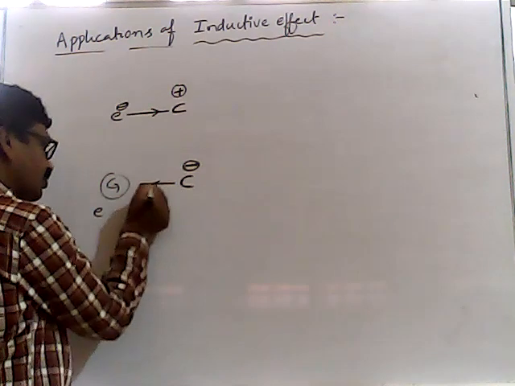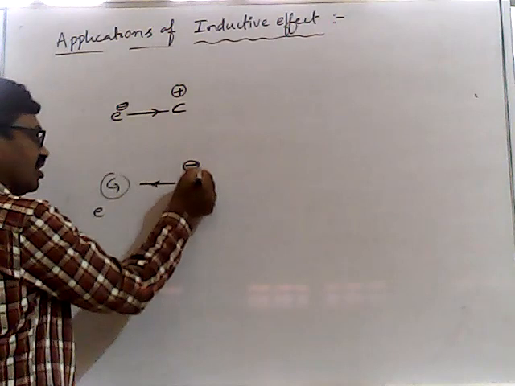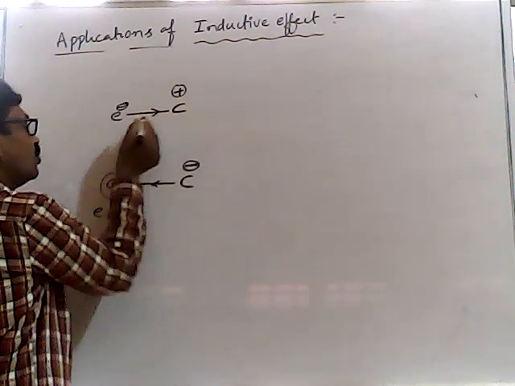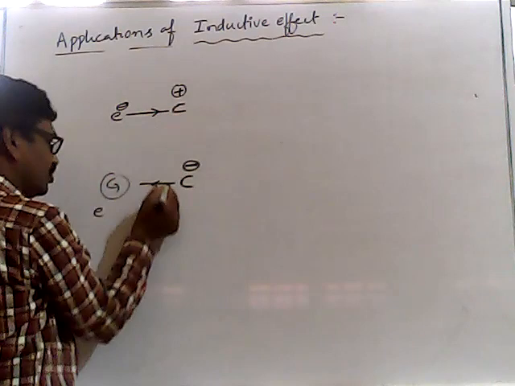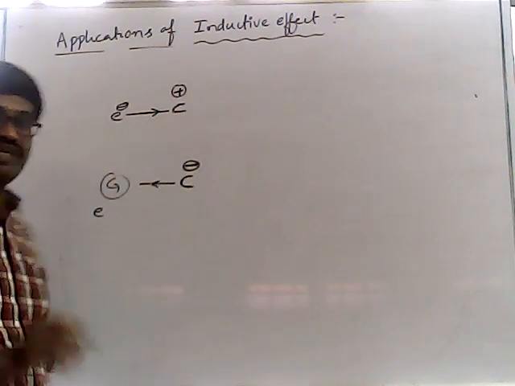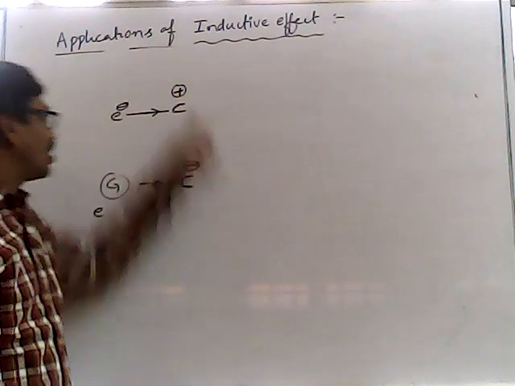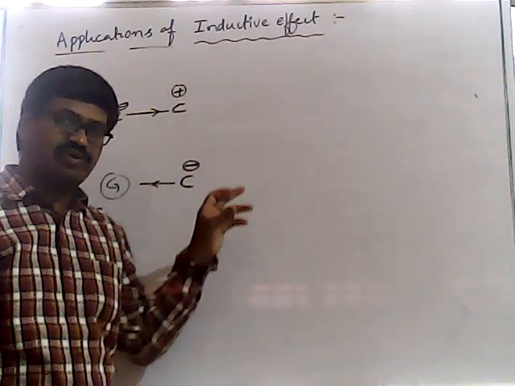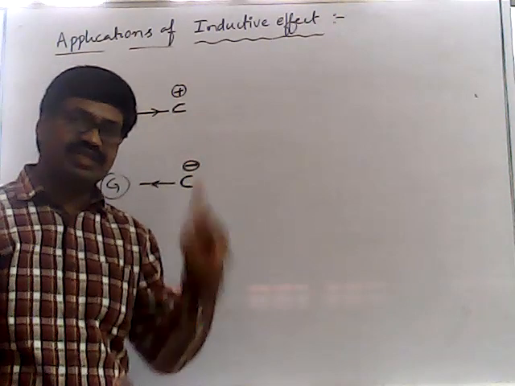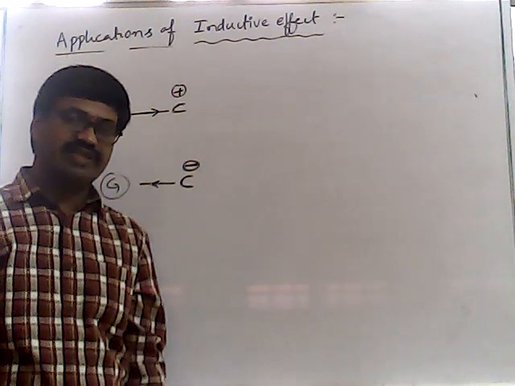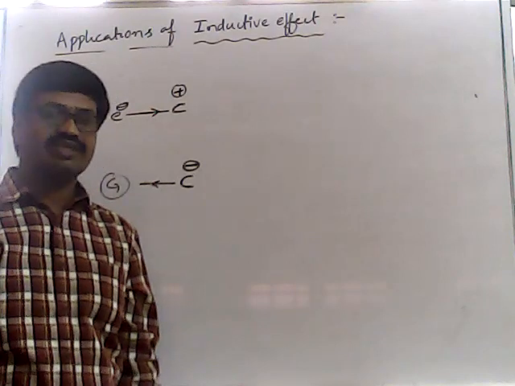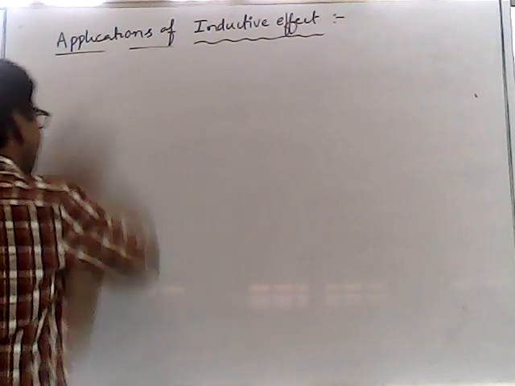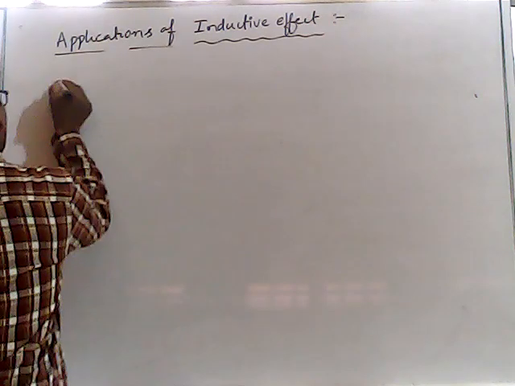If electrons are moving toward this side, then it will get zero charge, or the charge is decreased from 1 to 0. So this is important. Whenever any charged species is produced, it may be a carbocation, it may be a carbanion. The charge present on the particular carbon must be decreased or nullified or compensated, then only it will get stability. So by using inductive effect we can explain the stability of carbocations.